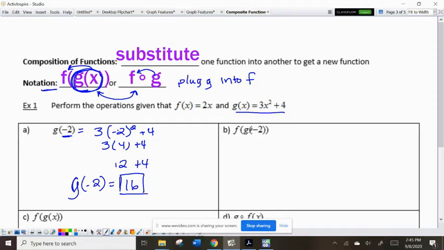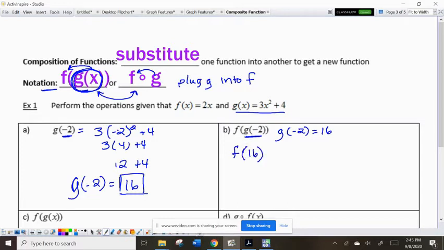Now we'll see in B, this is a composition. We have two functions layered together. We want to start with the innermost function first. We want to figure out what is g of -2. Well, guess what? We already did that in A. So I already know that g of -2 is the same as 16. So I could rewrite this now. What is f of 16?